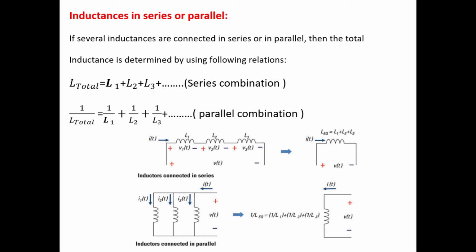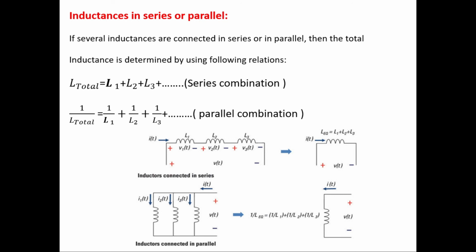If there are n number of inductances used in a circuit, then the total inductance is the addition of all the inductances. That is L total equal to L1 plus L2 plus L3 and so on. And for parallel combination, it is 1 upon L total equal to 1 upon L1 plus 1 upon L2 plus 1 upon L3 and so on.